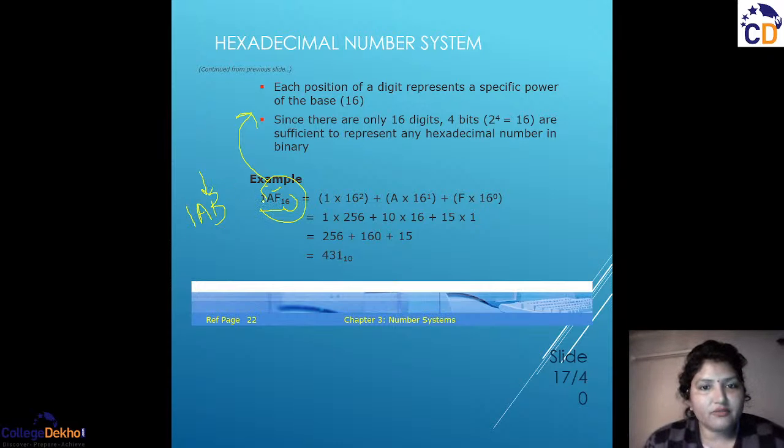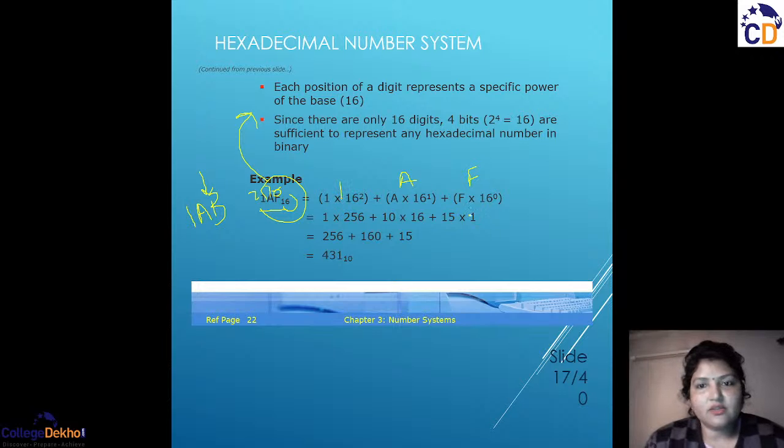So here we have 1, here we have A, here we have F. First of all, again the same system would be followed, same formula, positions 0, 1 and 2. Right? So here is F, here we have A, and here we have 1.